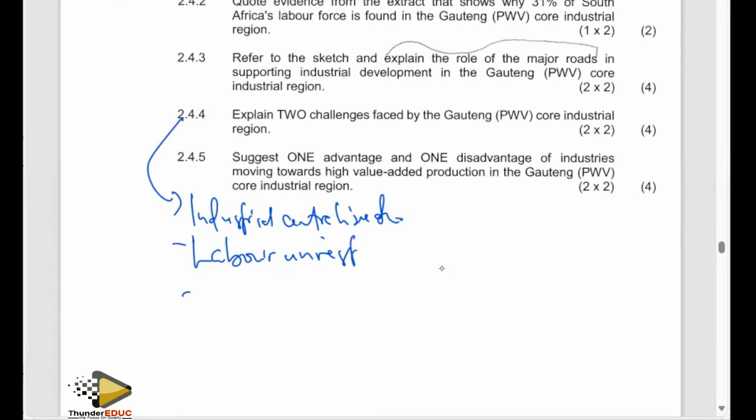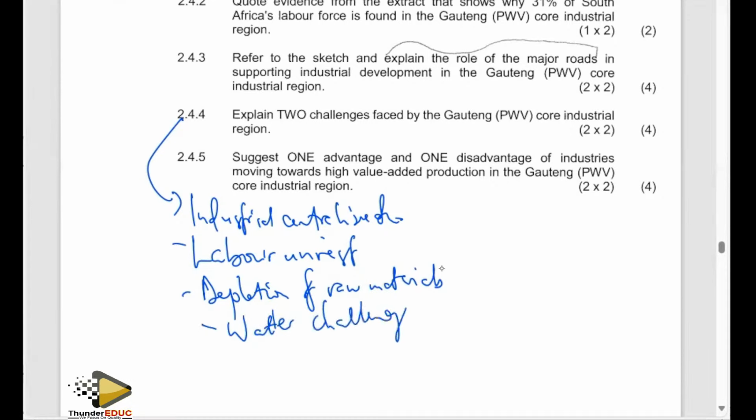And also you can talk of depletion of raw materials. You can also talk of a water challenge because of extreme pollution. Water resources are a challenge. You can also talk of load shedding or power constraints. It's also another limitation in the area.